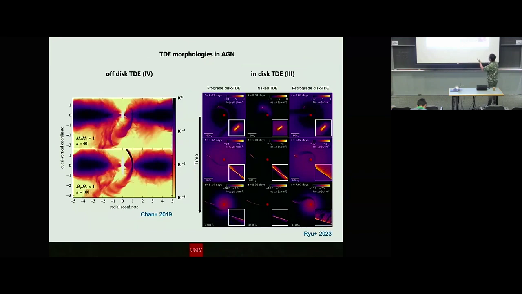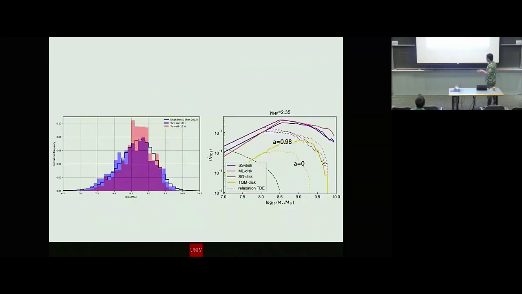And I would say the TD morphology would be different in the AGN case rather than in quiescent galaxies. There are some simulations showing the off-disk TDE, where the stream will collide with the accretion disk, and also one of my collaborators performed some simulation about the in-disk TDE. Probably I don't have time to go through this, but I would like to say that the TD rate can be well connected to the changing-look AGN, because this in-disk TD will significantly change the accretion rate of the accretion disk.